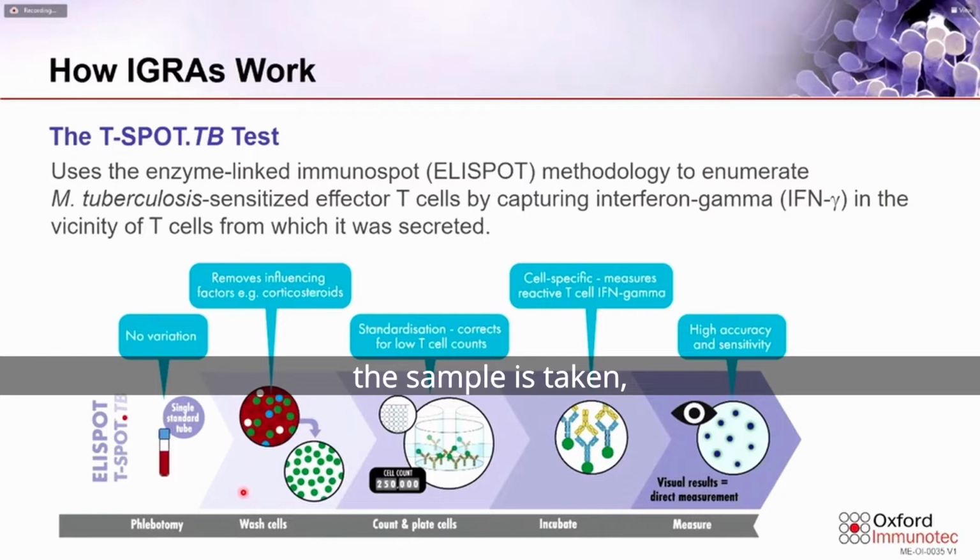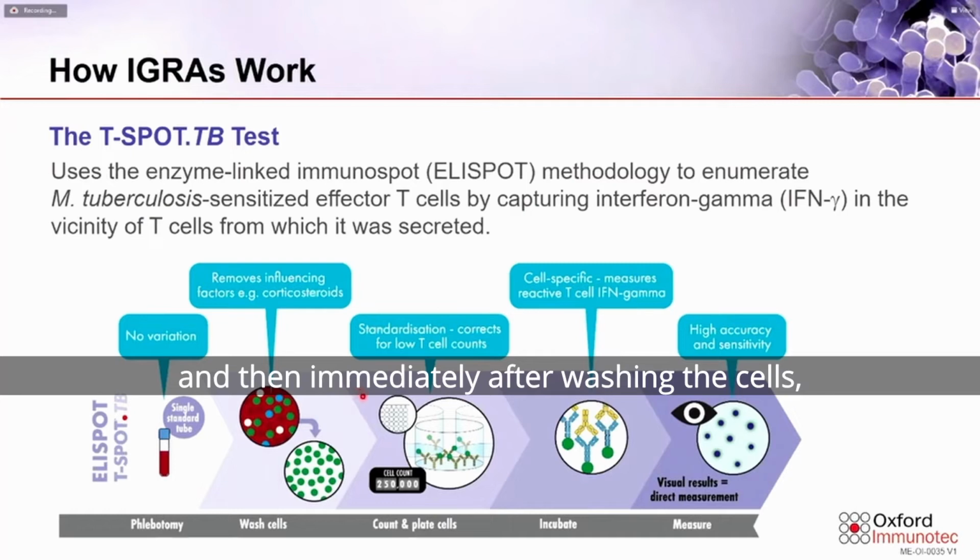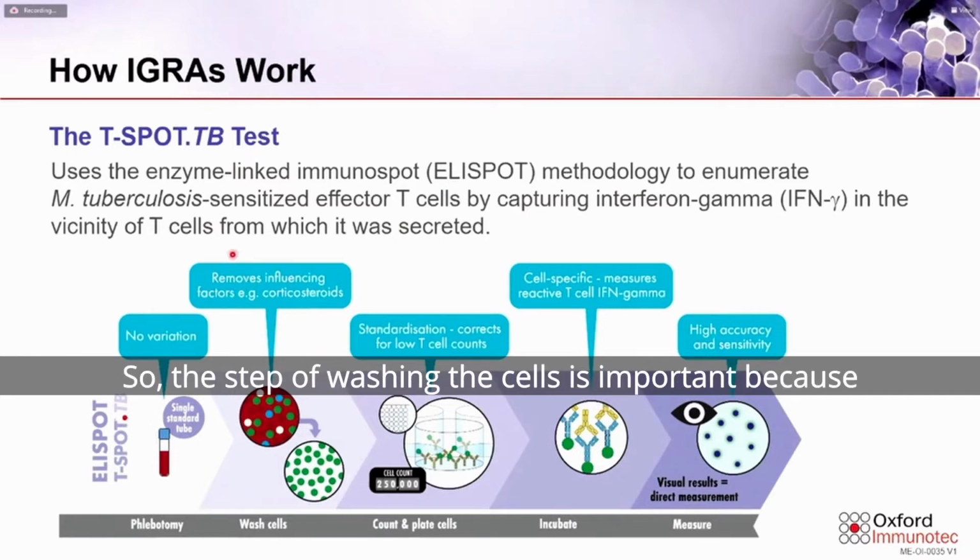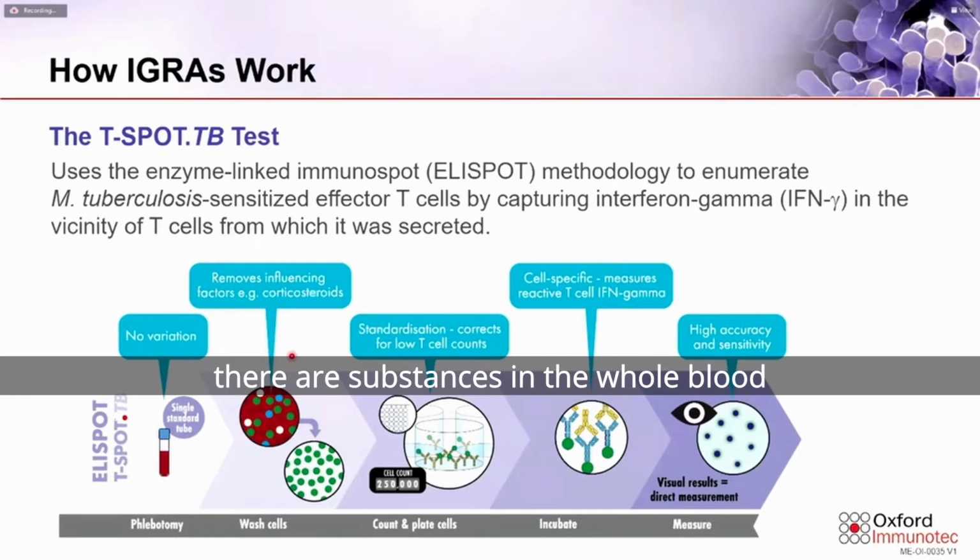The sample is taken and they wash the cells, and then immediately after washing the cells, they standardize by counting the cells. The step of washing the cells is important because there are substances in the whole blood, such as steroids and other substances, that can interfere with the response.